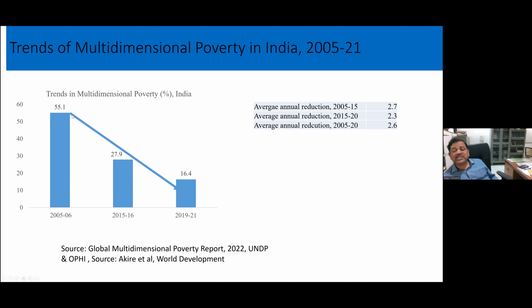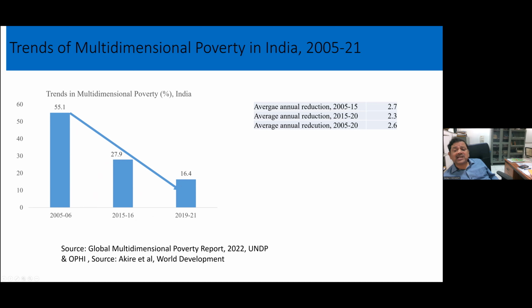So the indicators have not changed. And when you look at 2015 to 16, it has reduced by almost half. Further there was also a reduction, and by 19 and 21, despite the COVID era, we see that the level of multidimensional poverty has come to a lower level now, to 16%.